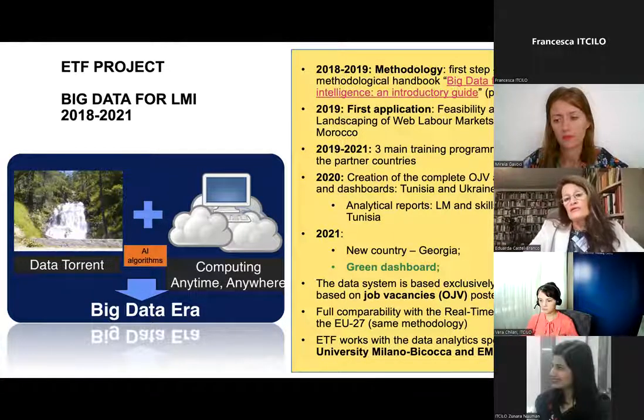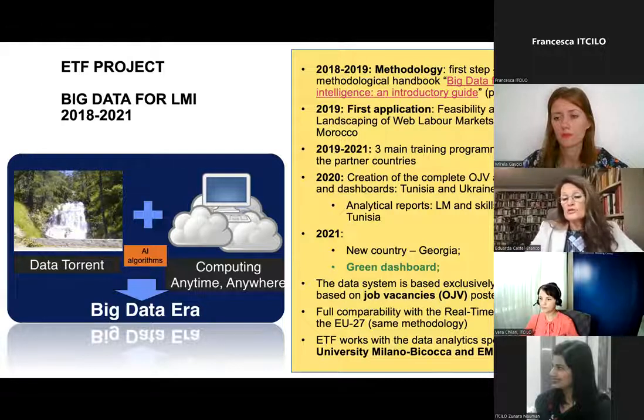And then from 2020, actually with the beginning of the pandemic, we started the actual creation of the complete online job vacancy analysis system and dashboard, of course, with 2 countries initially, Tunisia and Ukraine. And in 2021, a new country was added, Georgia.